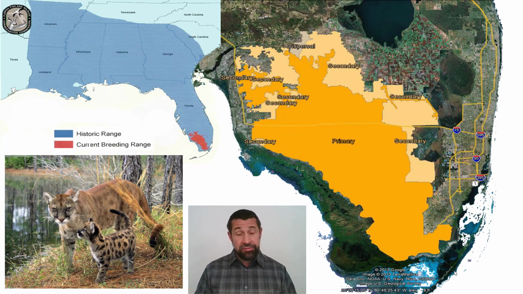In 1995, 8 mountain lions from Texas, which is a different subspecies, were moved from Texas into the South Florida area and took up residence with their Florida cousins.